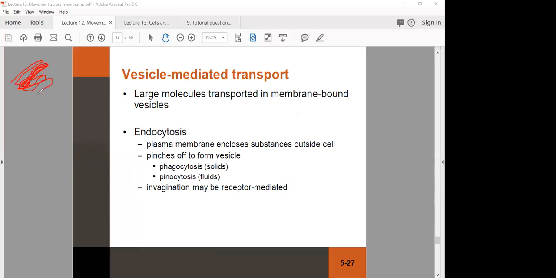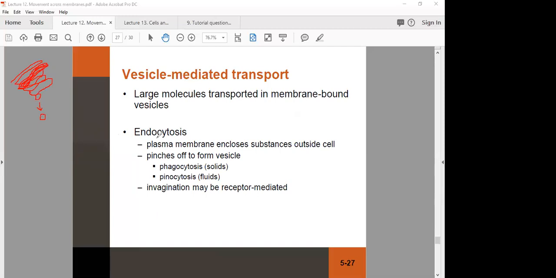Oh, and you remember that we said that little bits of membrane from the Golgi will bud off and then pinch off to form these tiny membrane enclosed vesicles. And of course, these vesicles are carrying some type of cargo.